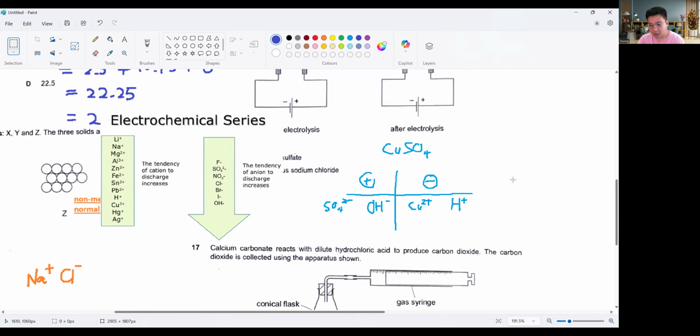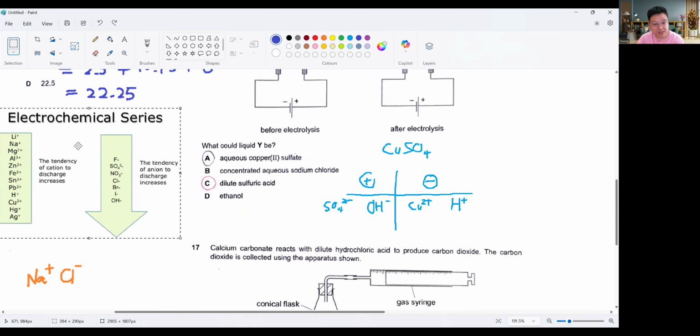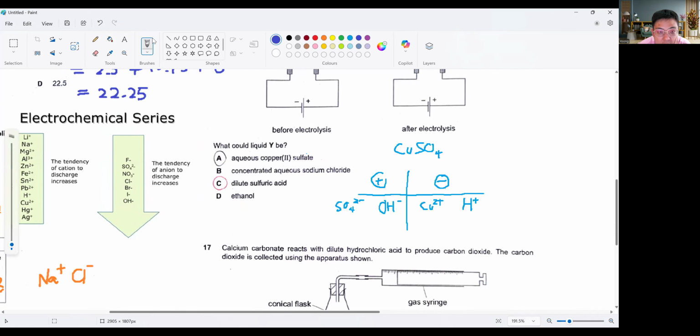You can see from here, in electrolysis, we choose the lower one. So OH minus is lower than SO4, because SO4 is high, OH minus is the lowest one. So we choose OH. And then Cu and H plus, Cu is actually lower.